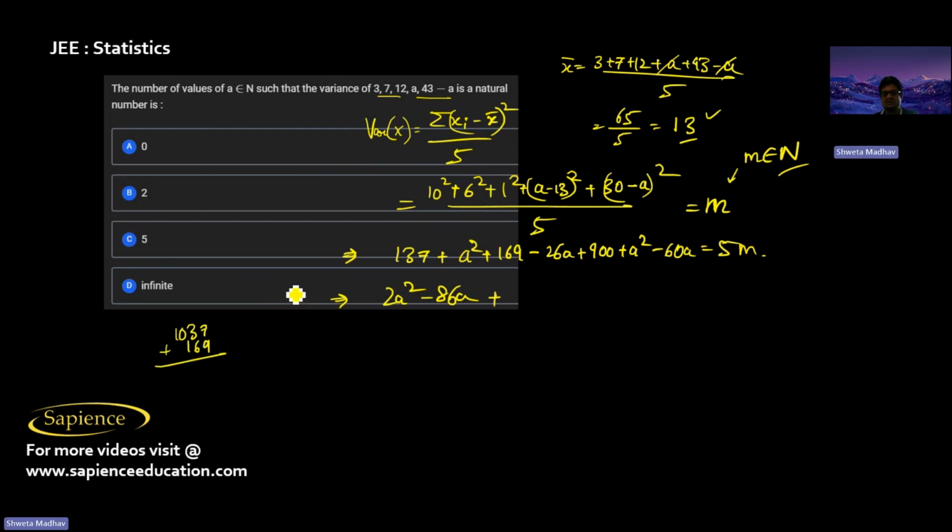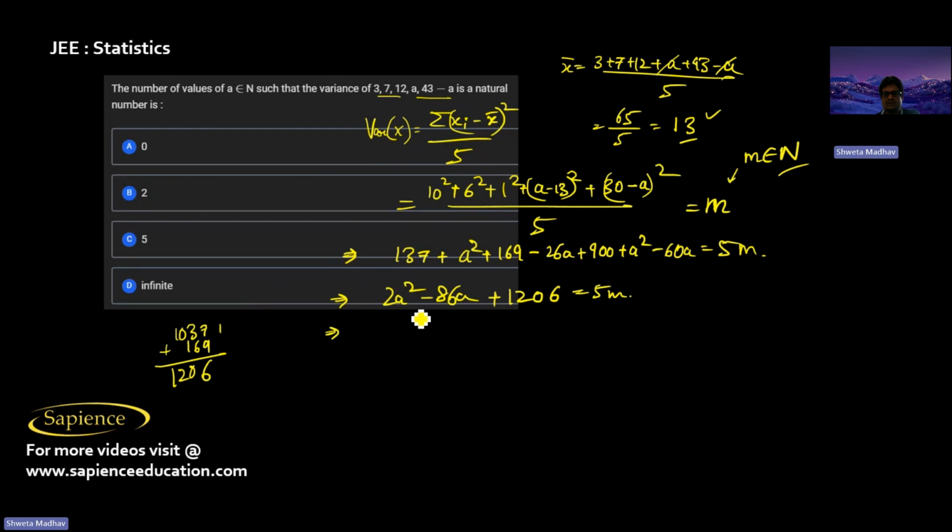This 169. So if we add these two, that will be equal to 9 plus 7, that is 16, 9 plus 1, that is 10, and so on.